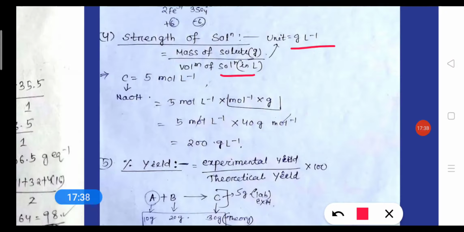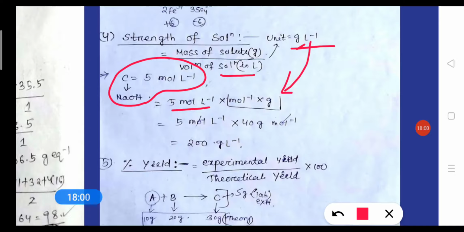If it is given that the concentration of NaOH is 5 mole per liter, then we have to calculate its strength. 5 mole per liter is present, but we have to convert it into strength. To obtain this formula we have to multiply by mole inverse into gram.